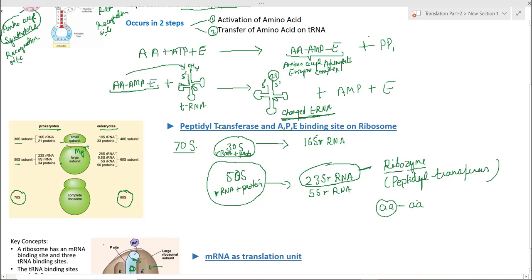These are the amino acid units, and this is the peptide bond between these units. This peptidyl transferase helps in binding these amino acid units through the peptide bond. Formation of the peptide bond is catalyzed by this ribozyme.